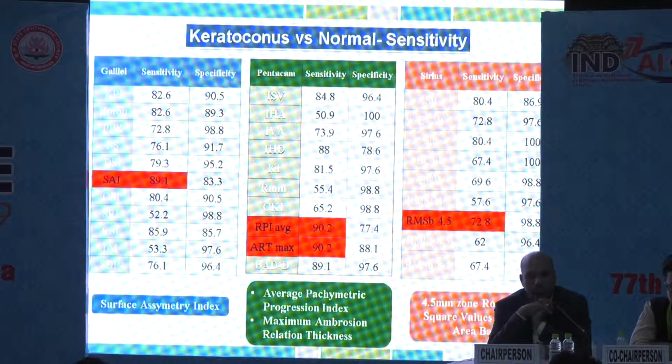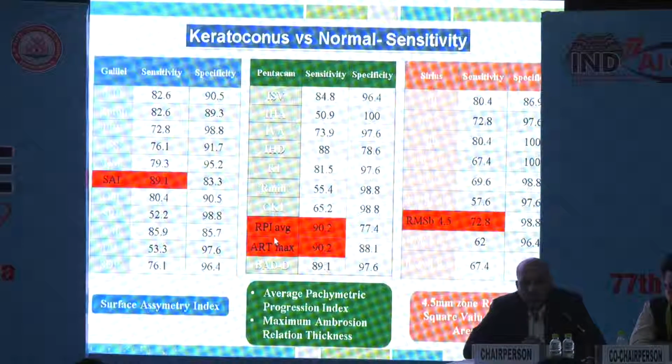What we found for the sensitivity between the keratoconus and the normal eyes was, for the Galilei, the surface asymmetry index showed the highest sensitivity. In Pentacam, the Ambrosio relational thickness average and the average pachymetry progression index showed the best sensitivity. And in Cirrus, the 4.5 millimeter zone of root mean square values per unit area back showed the maximum sensitivity.